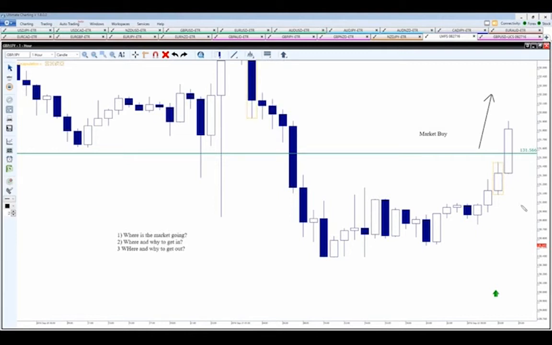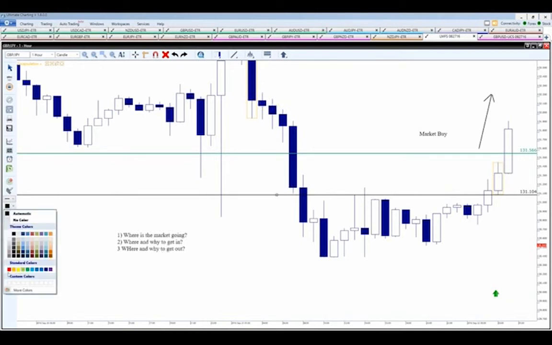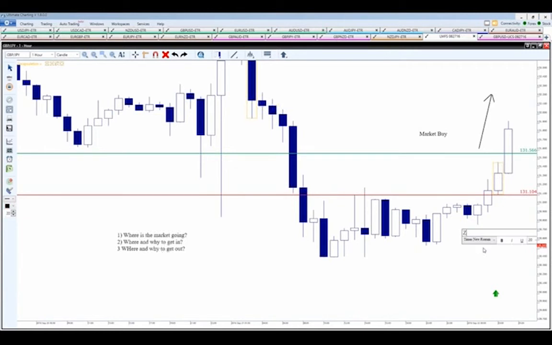Now, it's going to be a little bit different here buying the market versus selling the market. When buying the market, we're going to set our stop loss right here at the low of that candle. I'll type that out. Stop loss when buying is going to be at the low. So we simply set our stop loss right there.